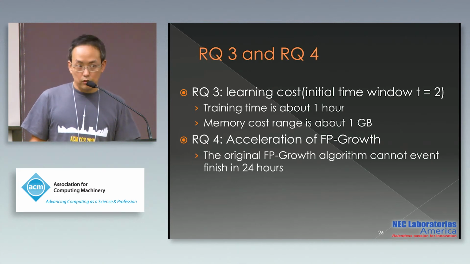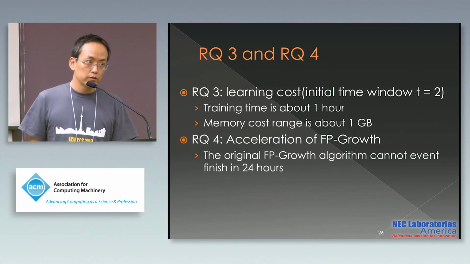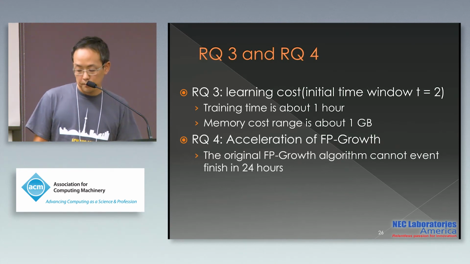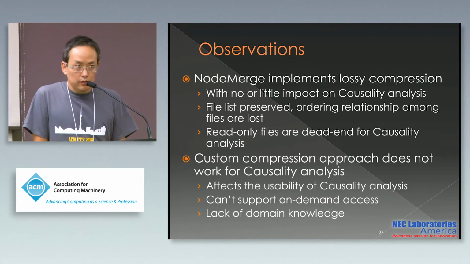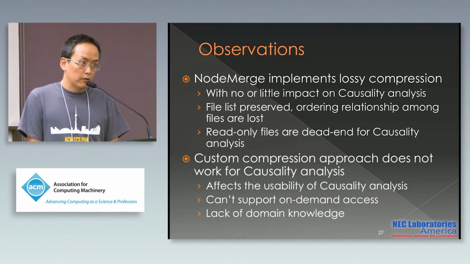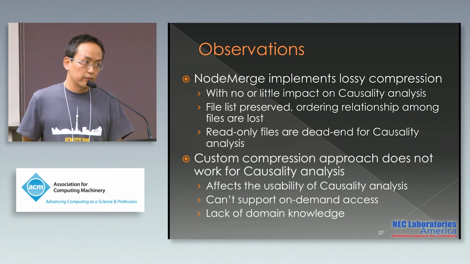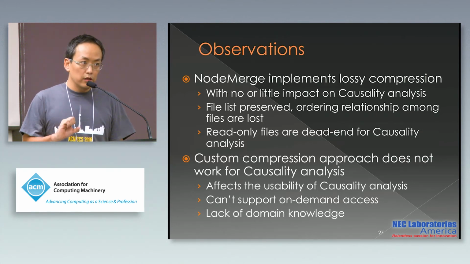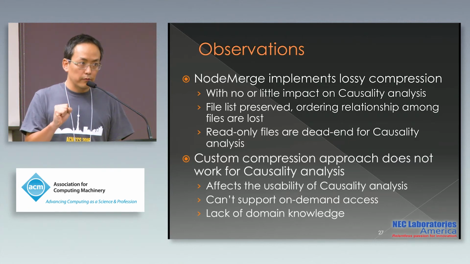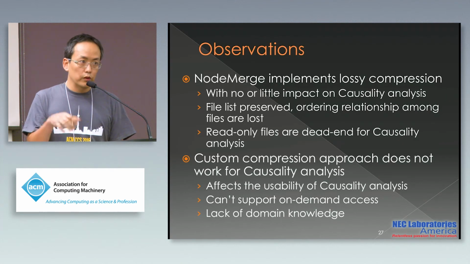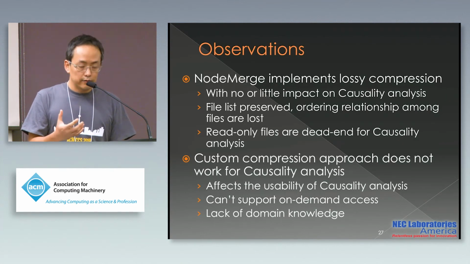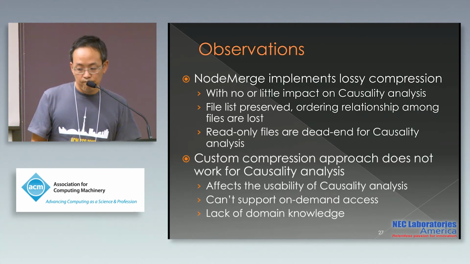Without our modification, the original FP-growth on the data set didn't converge. Our approach is a lossy compression algorithm, therefore we could achieve a very good compression rate. But what we did was basically omit only the ordering information between the files within a very specific timeline. So we don't think that affects the accuracy of the causality analysis or forensic analysis as a whole.